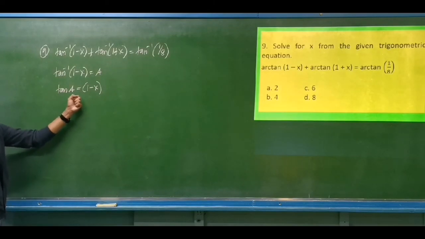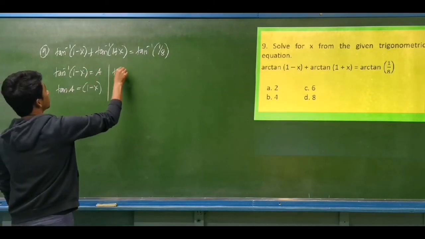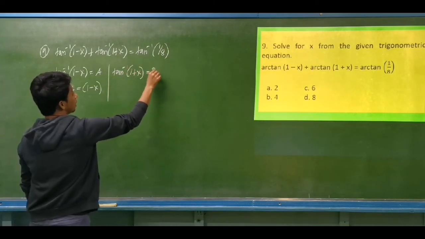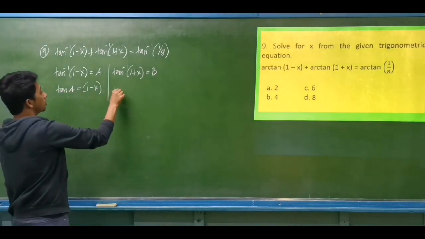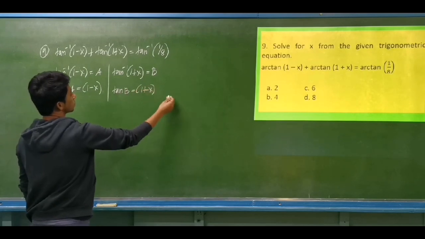Right? Hopefully you're following this. It's the same with shift tangent of 1 plus x. We introduce another angle, angle B. Returning it to normal form, the tangent of angle B is equal to 1 plus x.